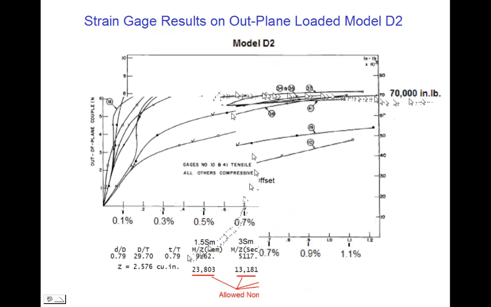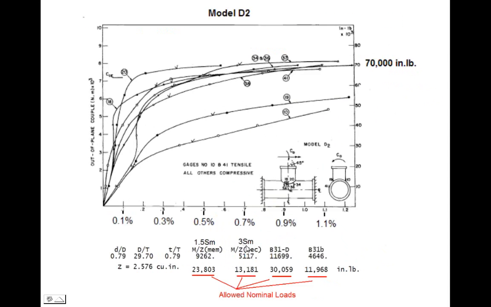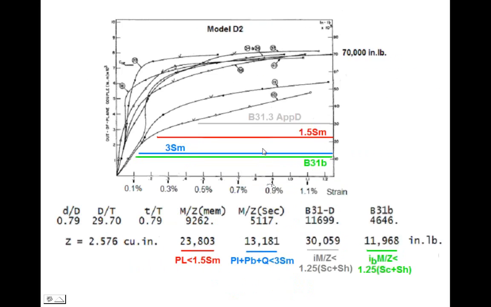I'd like to go back through the calculations now for our M over Z at 1.5 SM, our M over Z at 3 SM, our B31.3 Appendix D calculation, and our B31.1 reduced branch stress intensification factor. So I'd like to calculate the allowed nominal loads for this intersection, and I'd like to put them on the plot.